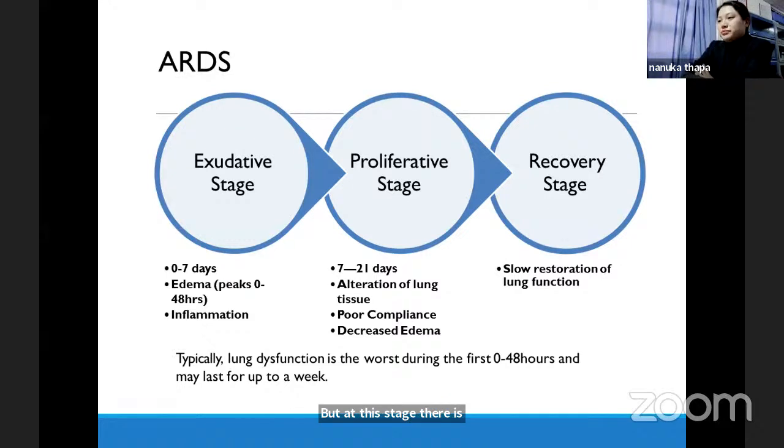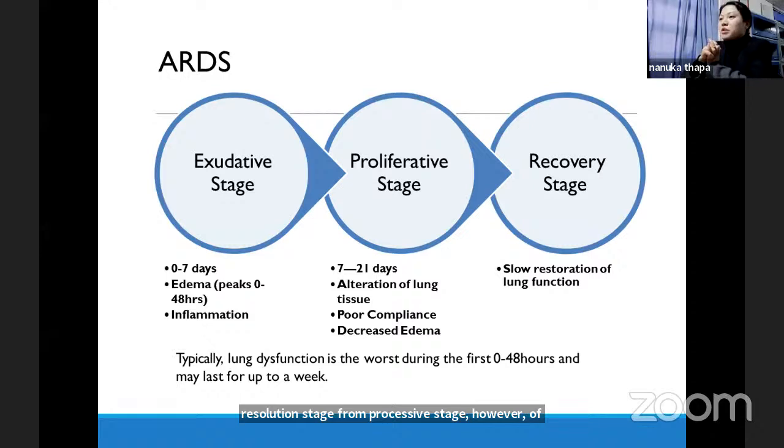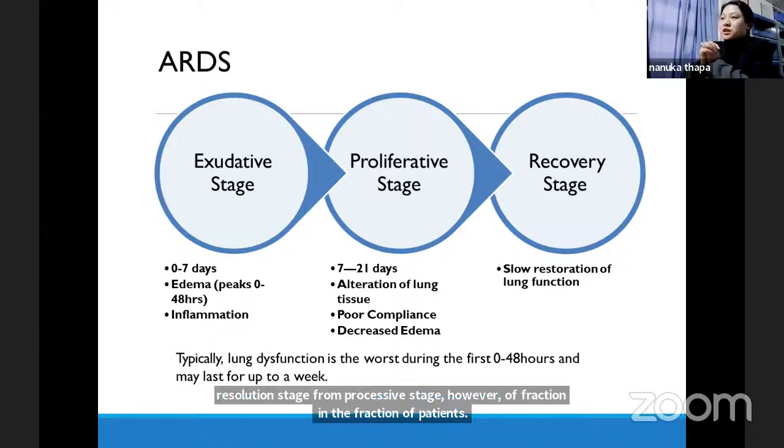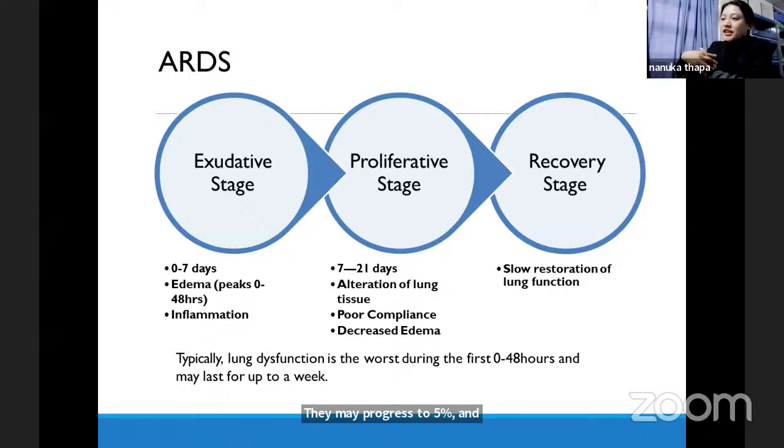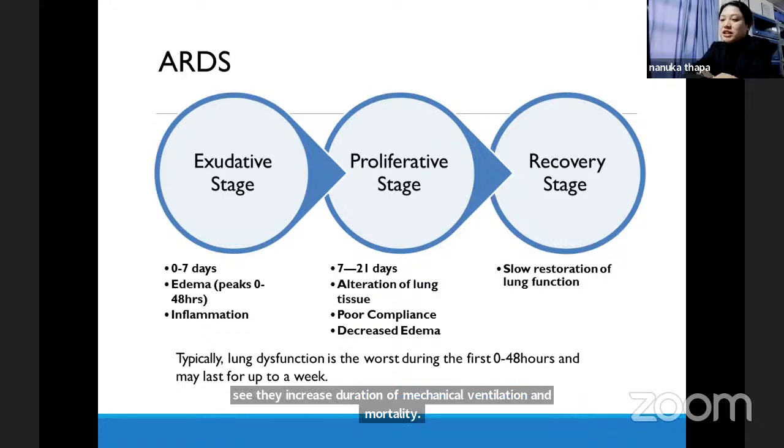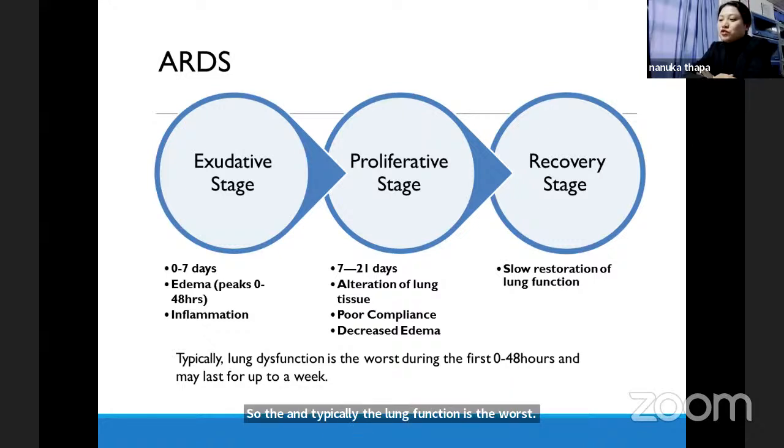And most of the patients usually progress to a recovery stage or resolution stage from the proliferative stage. However, in a fraction of patients, they may progress to fibrosis, and there may be increased ICU stay, increased duration of mechanical ventilation, and mortality. Typically the lung function is the worst during the first 0 to 48 hours, and it may last for up to a week.